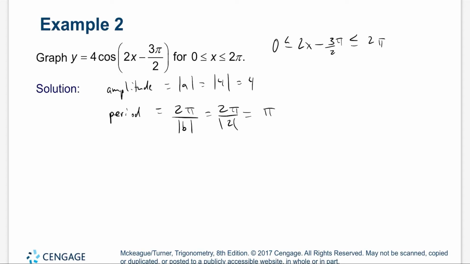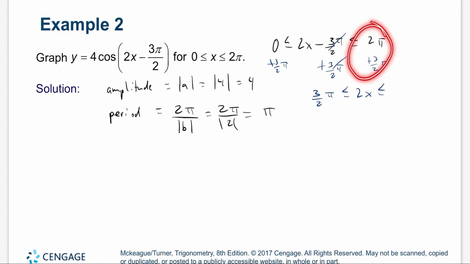Okay, so first thing I would do is add 3/2 pi all the way through. So we're going to have 3/2 pi less than or equal to 2x less than or equal to, well, that's going to be, let's see, this is the same as 4 over 2. 4 over 2 plus 3 over 2 is 7 over 2.